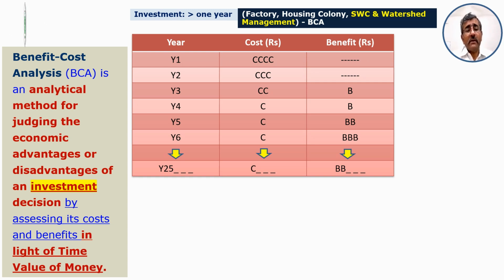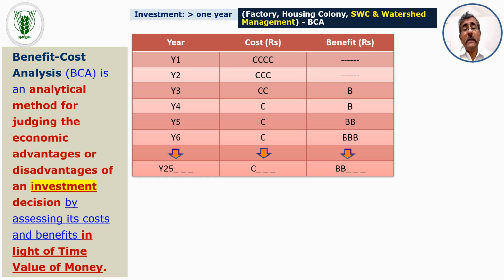In this table, the first column is the year, and it has been shown up to 25 years. Then the second column is the cost, and the third column is the benefit. Now, in the first 2 years of this table, there are heavy costs, but the benefits are not there.